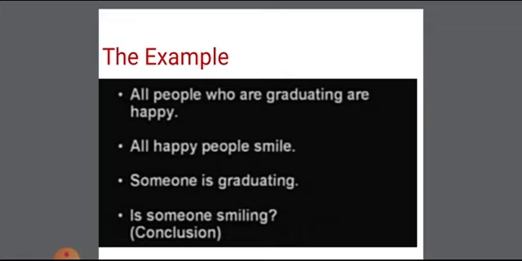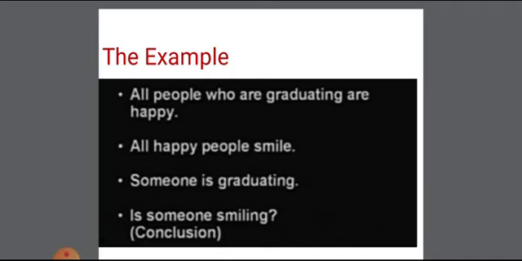The second sentence, all happy people smile. The third sentence, someone is graduating. And the fourth statement, someone is smiling, is the conclusion we have to prove. These are simple sentences written in English, and we have to convert them into CNF.